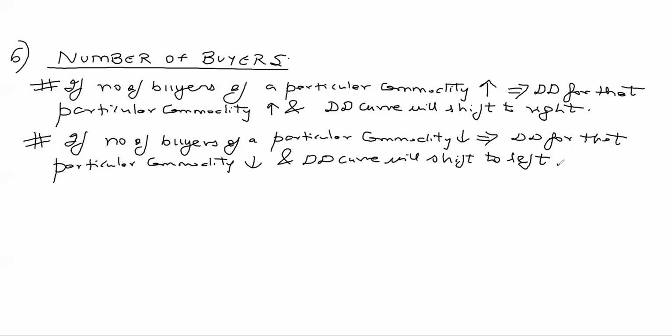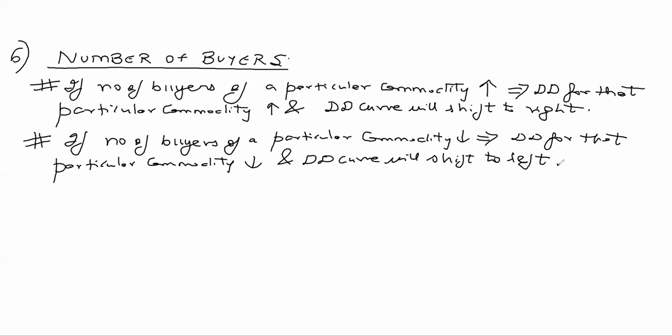So I hope all students attending the lecture have understood all the factors. So there are 6 factors. Factor number 1, own price of a commodity. Factor number 2, income of the consumer, on the basis of which you can classify the goods as normal and inferior. Factor number 3, price of related goods, on the basis of which you can classify the goods as substitutes and complements.